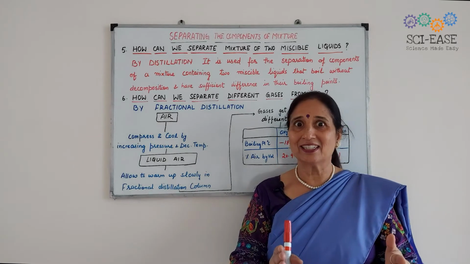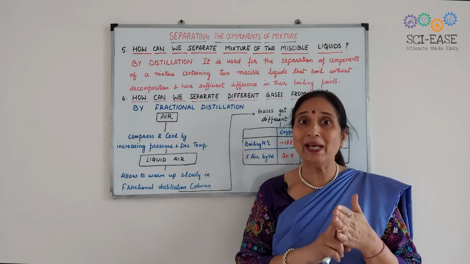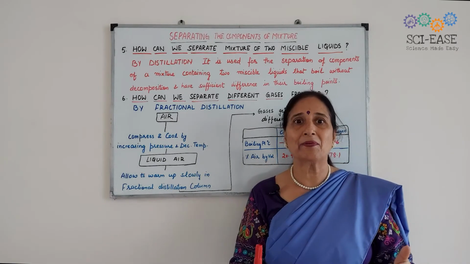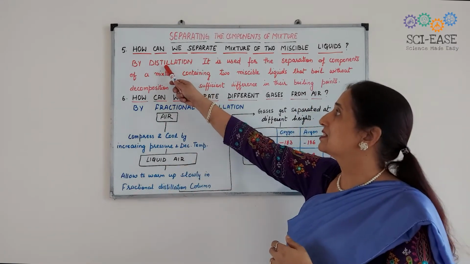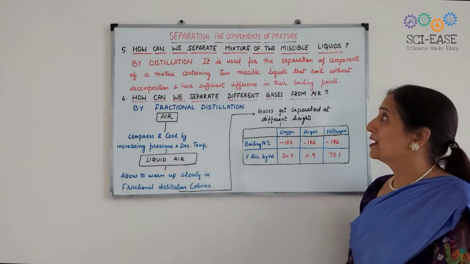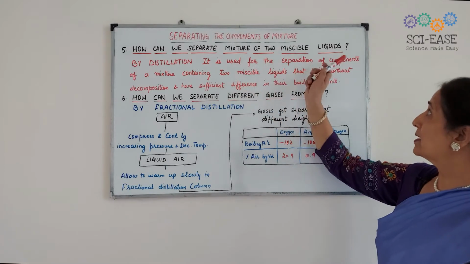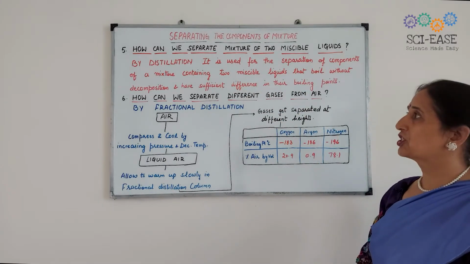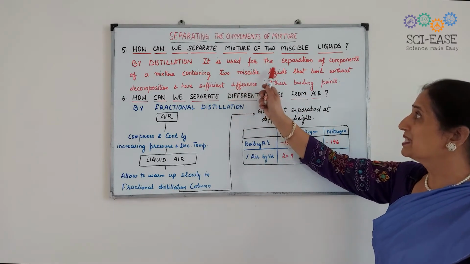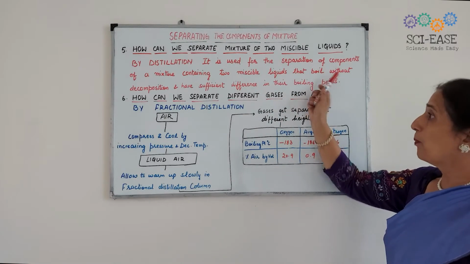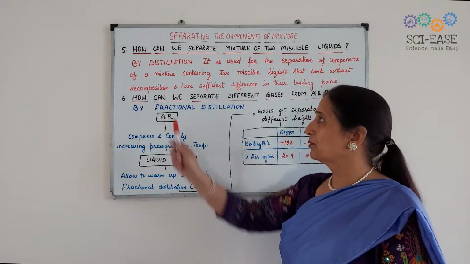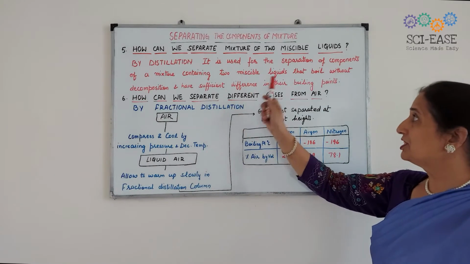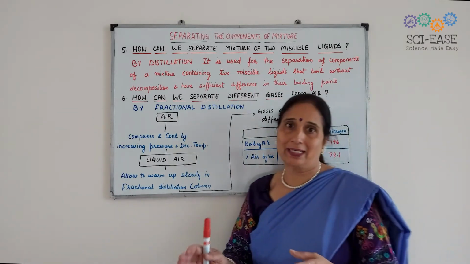So the method by which two miscible liquids can be separated is the distillation method. It is used for the separation of the components of a mixture containing two miscible liquids that boil without decomposition and have sufficient difference in their boiling points.